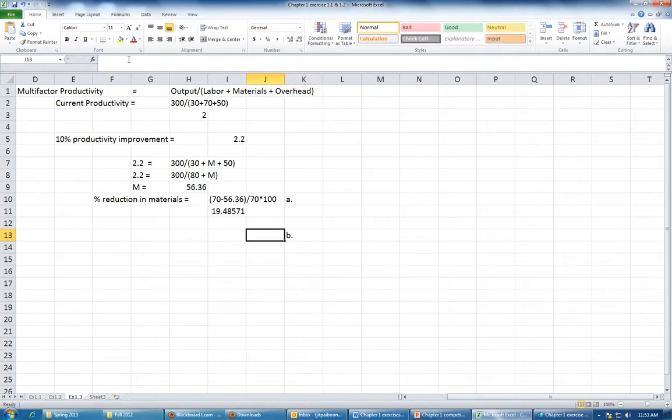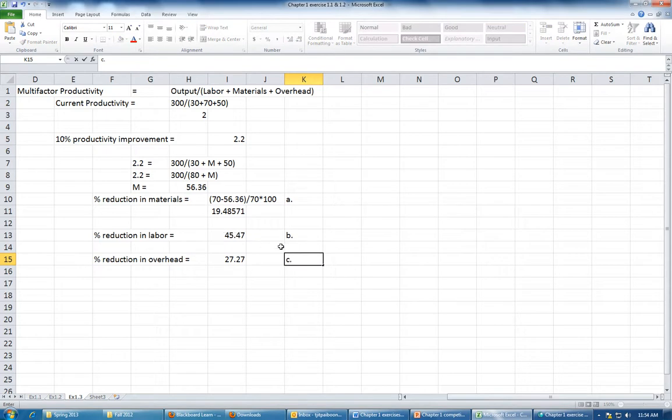For part B, you will get percent reduction in labor equal to 45.45, and for part C, percent reduction in overhead equal to 27.27%.